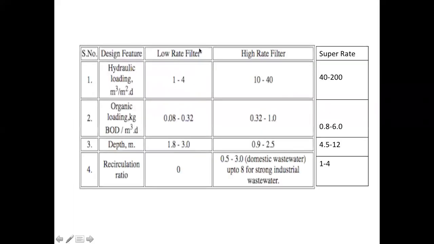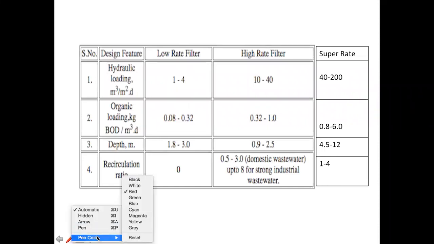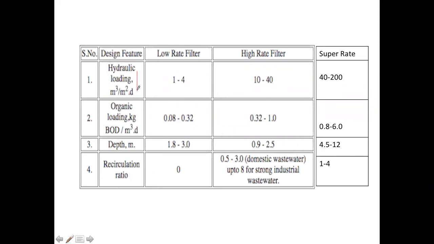These can also be distinguished by their design variables. These are the design variables which can be used here. So hydraulic loading in case of low rate filter is kept very low, between 1 to 4 cubic meter per square meter per day. So this is a very small amount of discharge used here. And in case of high rate filter, this will be 10 times more.